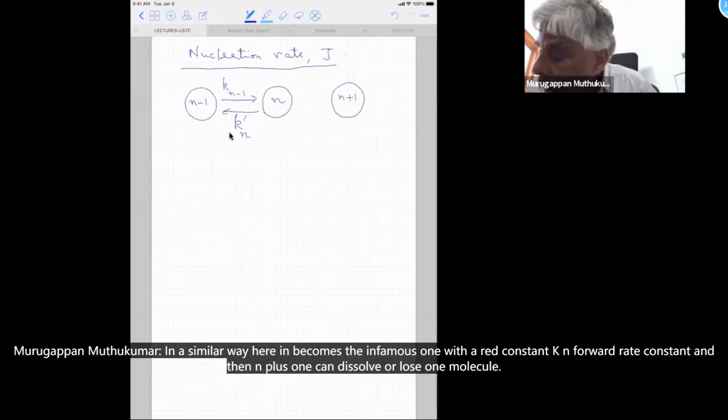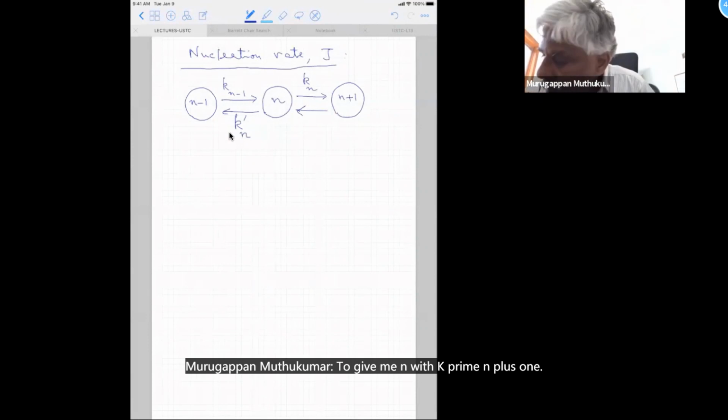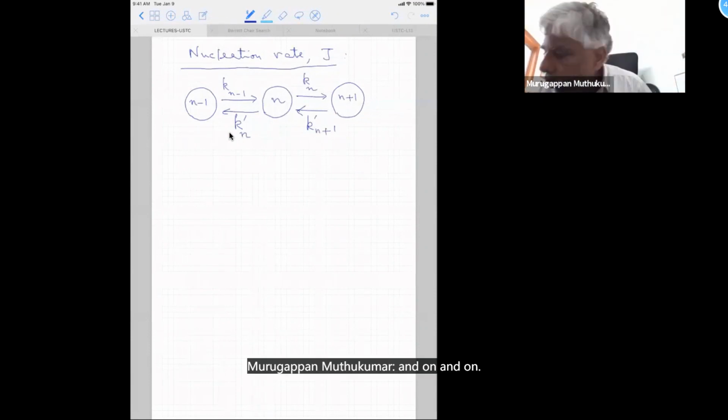In a similar way, n becomes n+1 with a forward rate constant k n, and then n+1 can lose one molecule to give me n with k prime n plus 1. And on and on.